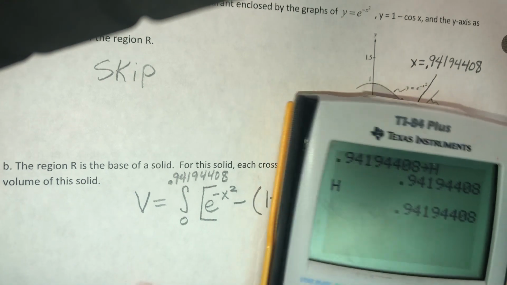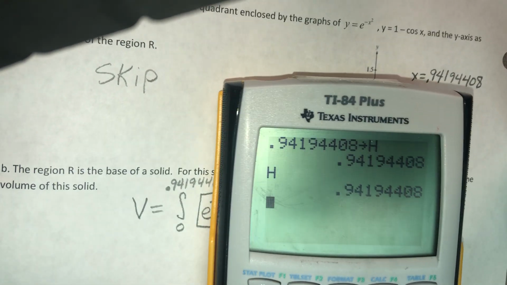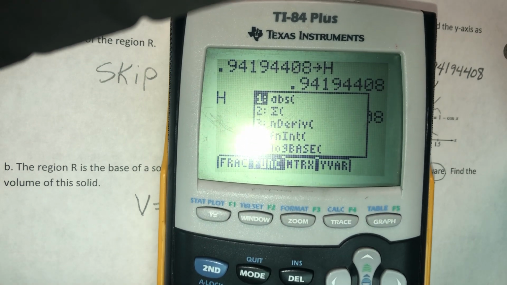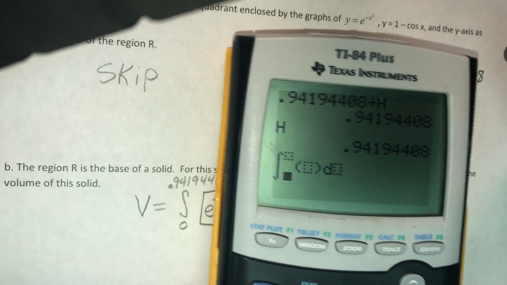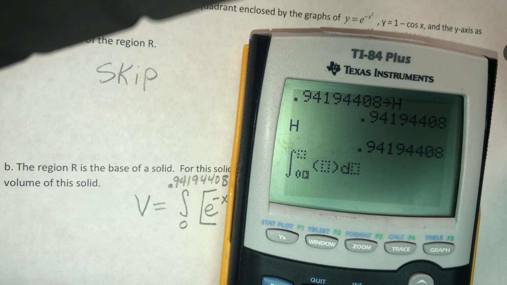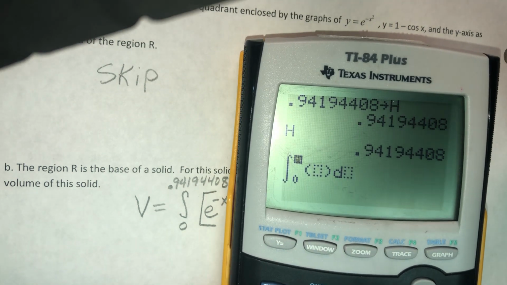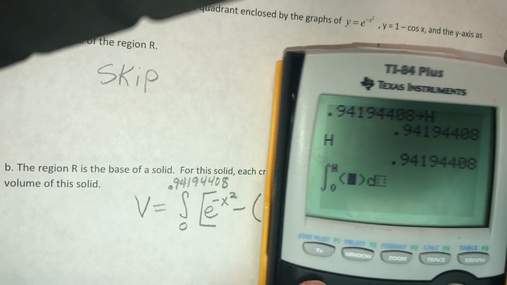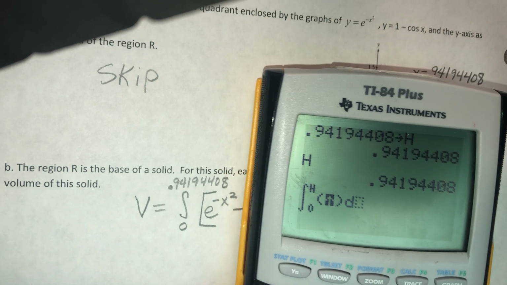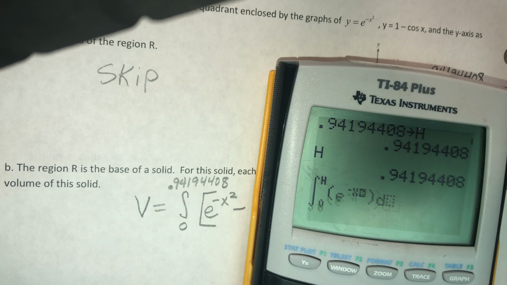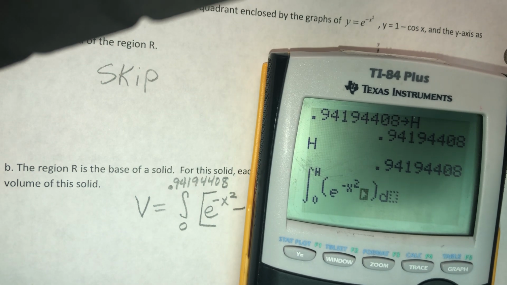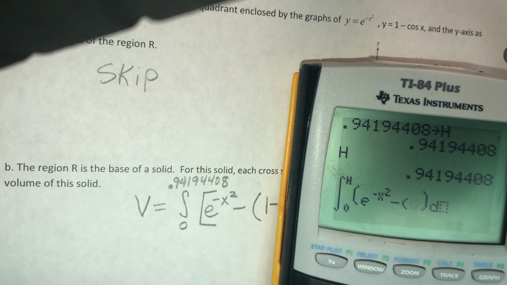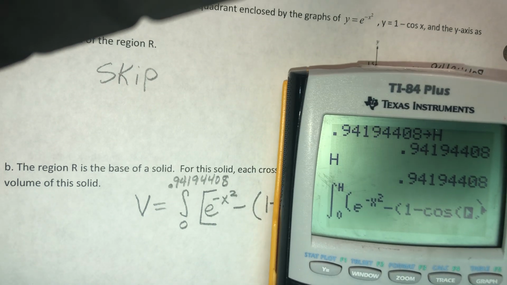So I'm going to go alpha, window, option 4 for function integration. Lower limit 0, upper limit alpha H, and then I'm going to go e to the negative x squared minus, parentheses 1 minus cosine x.